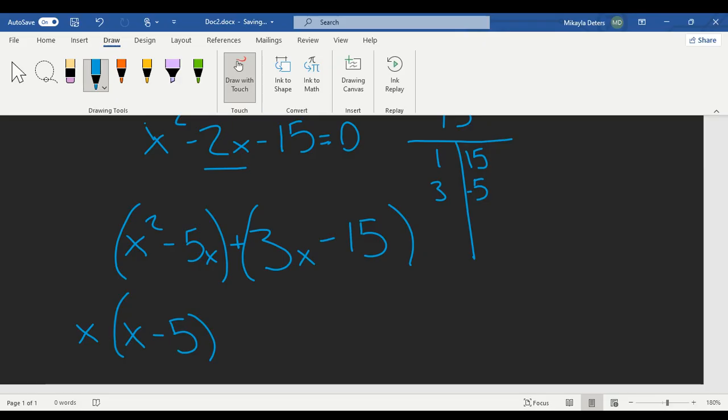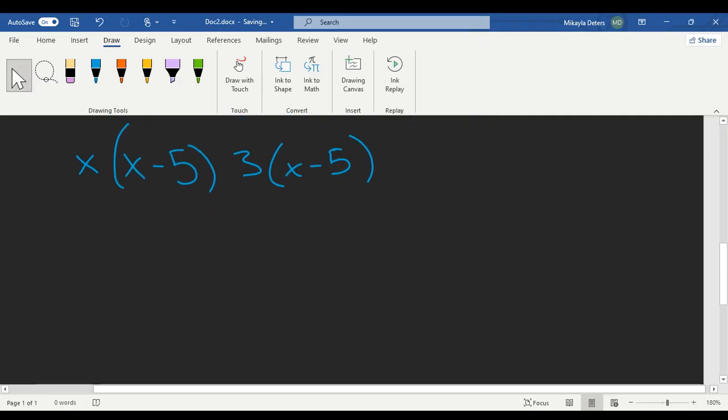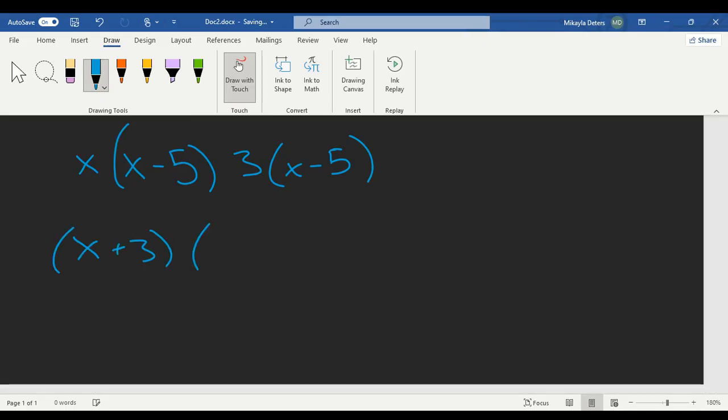So we end up with 3 on the outside and x minus 5 on the inside. Right. So we're going to take these two, and we end up with x plus 3, and then x minus 5. Set these to 0, and we know that x is equal to negative 3 and positive 5.